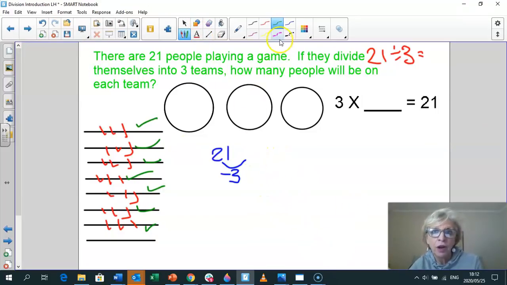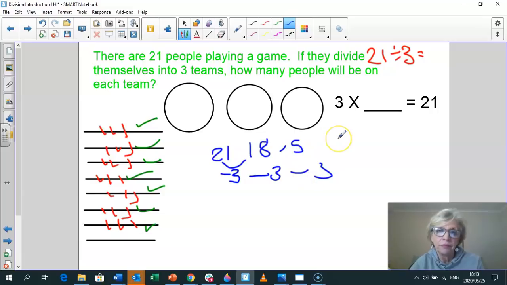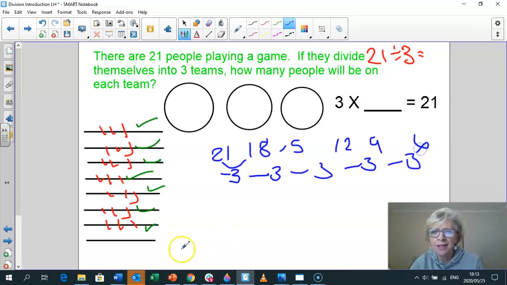So let's do the subtraction one next. Okay, so let me find my proper color. 21 minus 3 is 18, minus 3 is 15, minus 3 is 12, minus 3 is 9, minus 3 is 6, minus 3 is 3, minus 3 is 0.